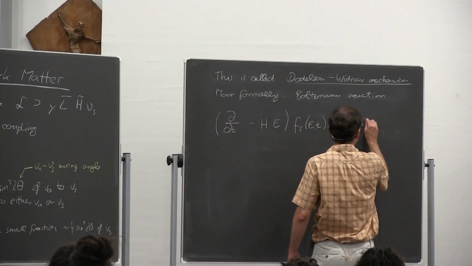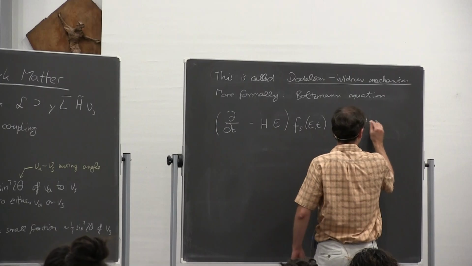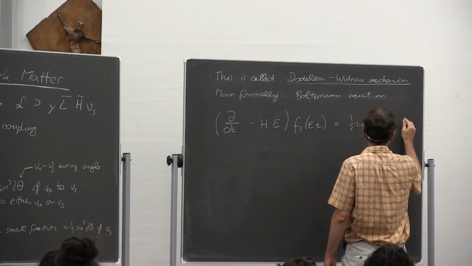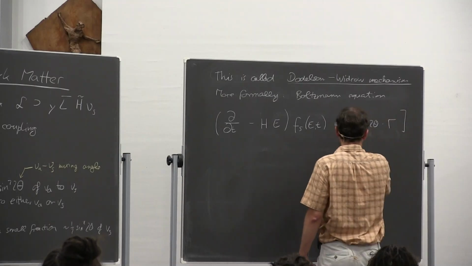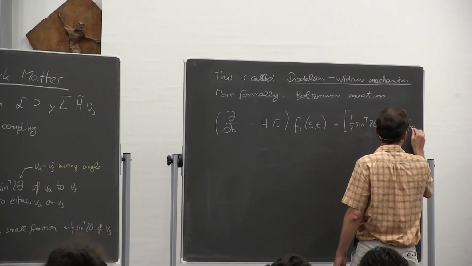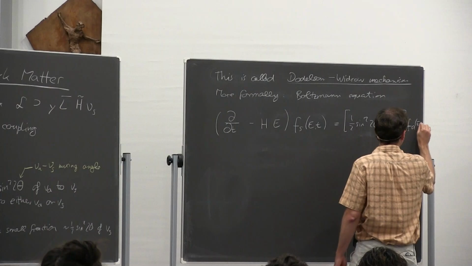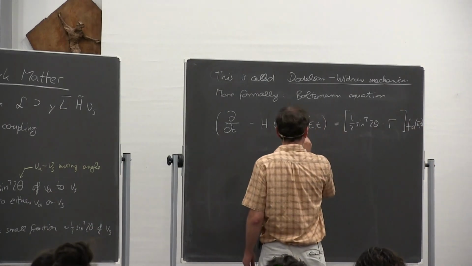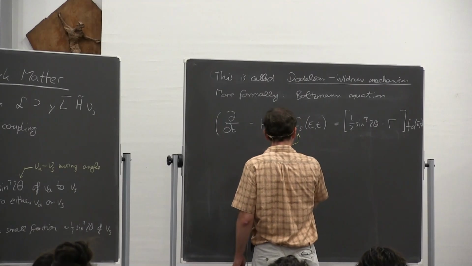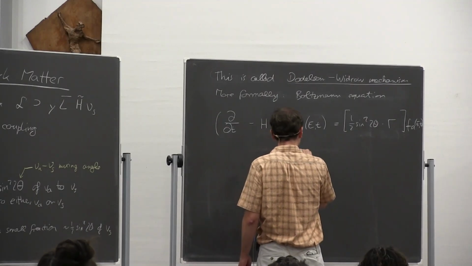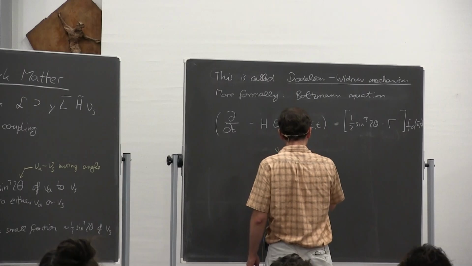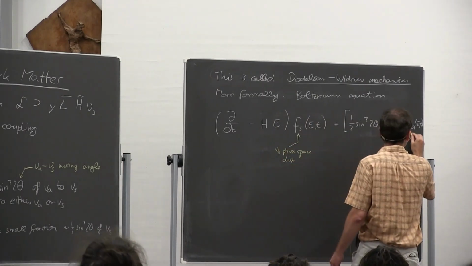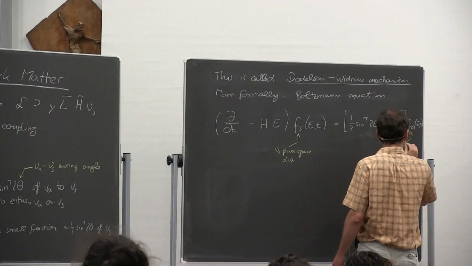1/2 sine squared 2 theta times an interaction rate gamma times the distribution function of active neutrinos. So that's also a function of E and t. So this is the nu s phase space distribution. This is the active neutrino distribution.